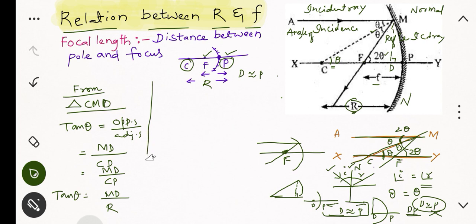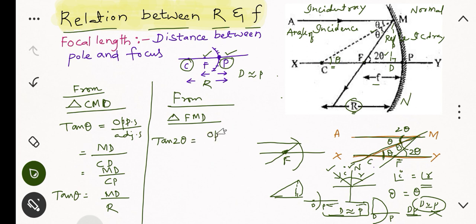In the same way, from the triangle FMD, tan 2 theta. Here the angle at F is 2 theta, so tan 2 theta is equal to the opposite side divided by the adjacent side. Here the opposite side is MD and the adjacent side is FD.